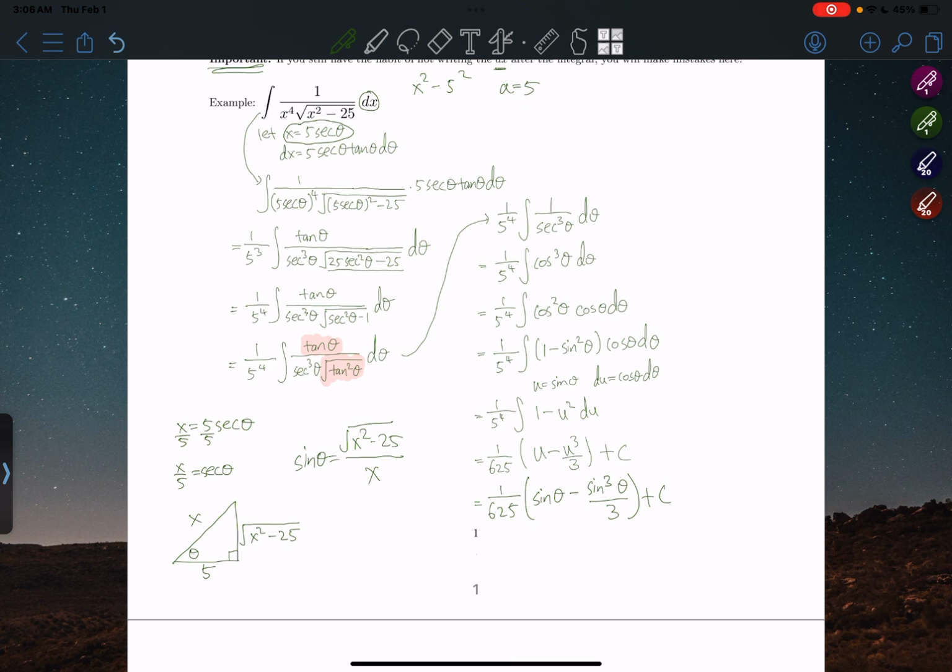So the final answer for this problem is just going to be equal to 1 over 625. You don't have to worry about distribution here if you don't really want to.